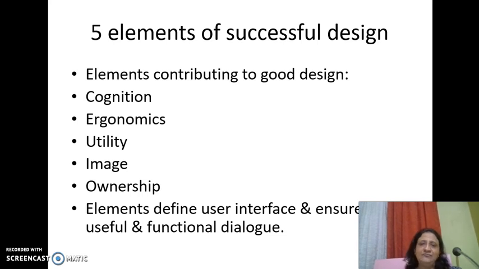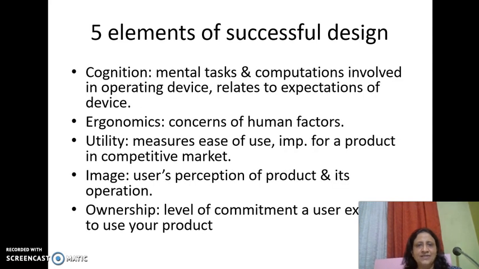Now let us study all these elements one by one. Initially we'll take an overview. What is cognition? Cognition is all the mental tasks or computations involved in operating a particular product or device.